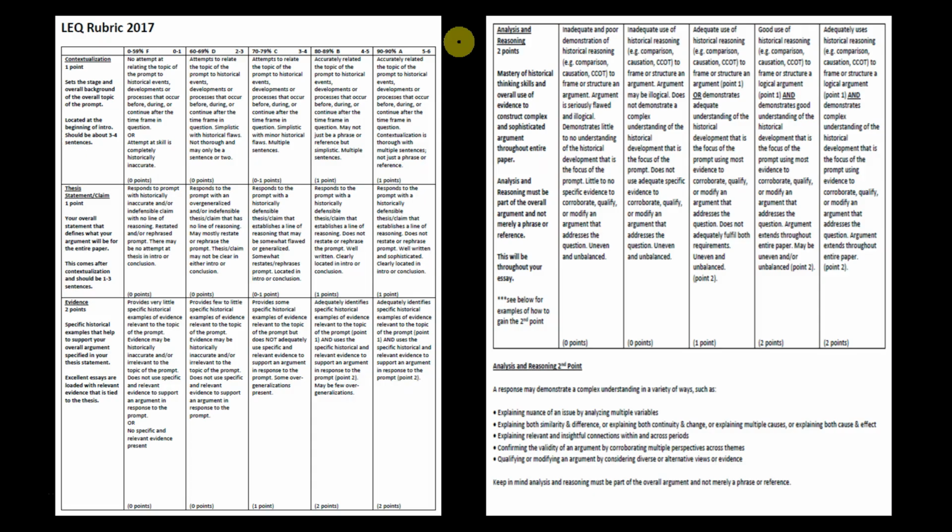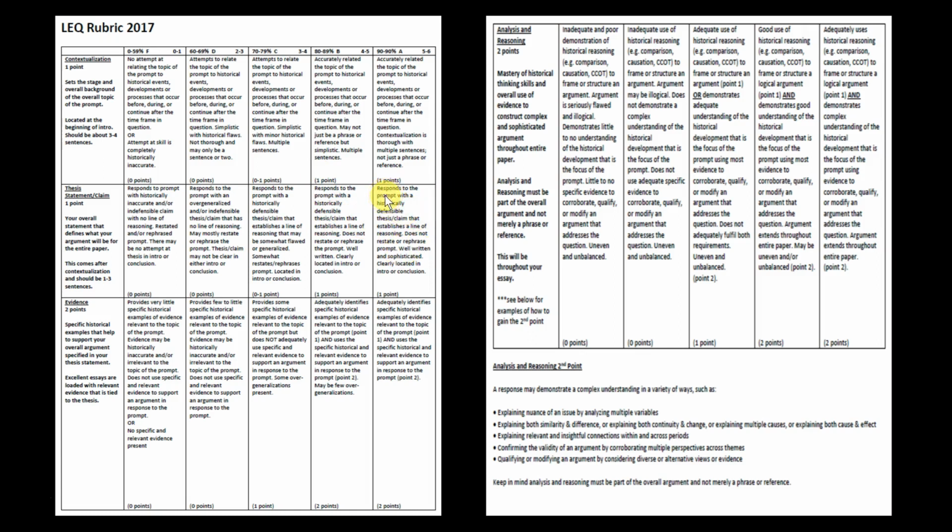This is what the rubric looks like. You'll be very familiar with this. Every single LEQ that you write, I will attach this to your essay, and we'll put check marks. Like if I think that for your contextualization, you're in the C category, I'll put a check mark right there. If I think your thesis is rock solid, it's like the best thesis I've ever read in my life, then I might put that in this category right here.